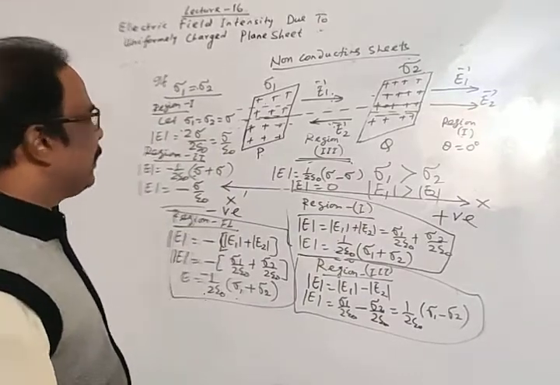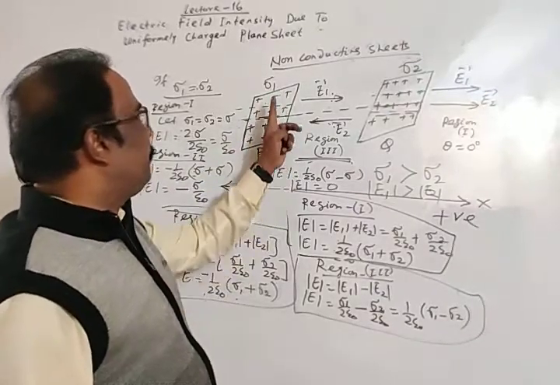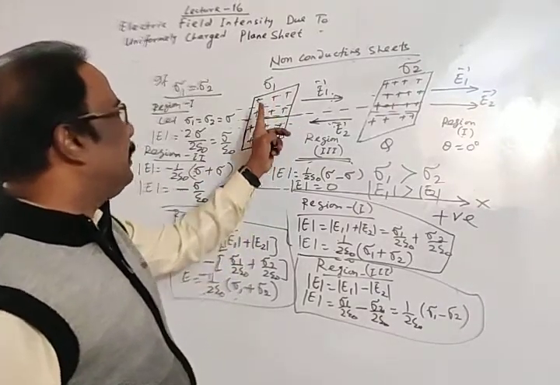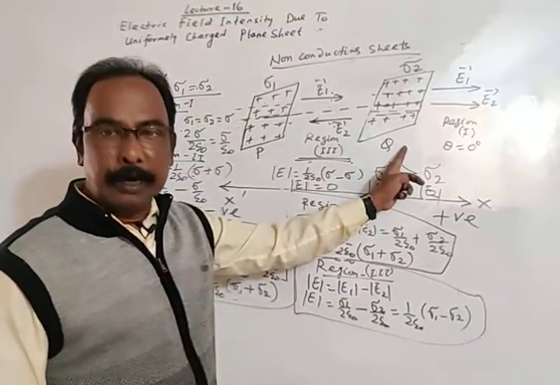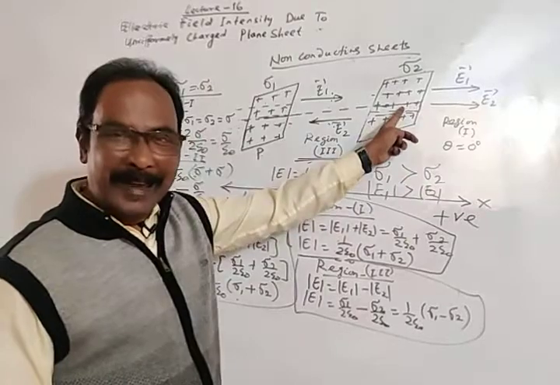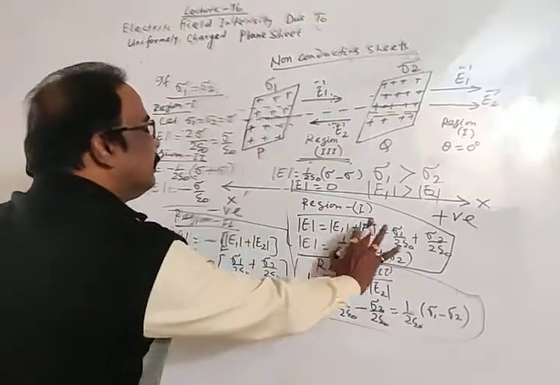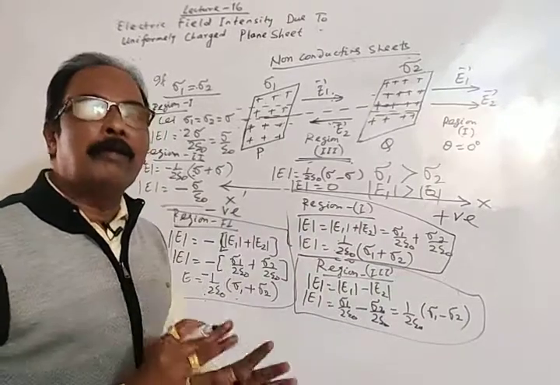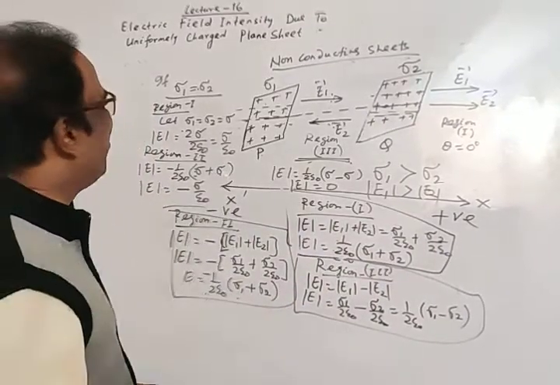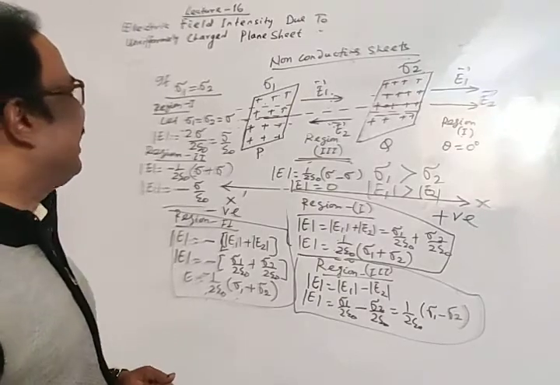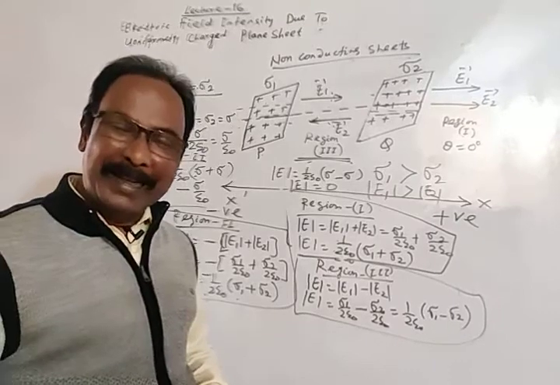Of course, you may consider sigma 1 positive, meaning plane sheet P is positively charged, and plane sheet Q is negatively charged. If Q is negatively charged, then take sigma 2 negative and put it in all these equations for region 1, region 2 and region 3. So this is about lecture 16, electric field intensity due to a uniformly charged plane sheet.